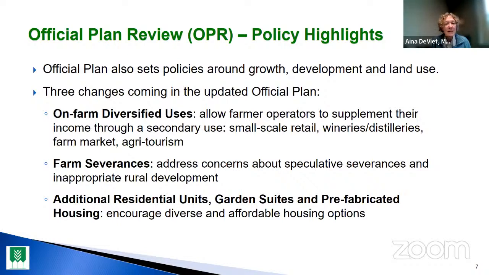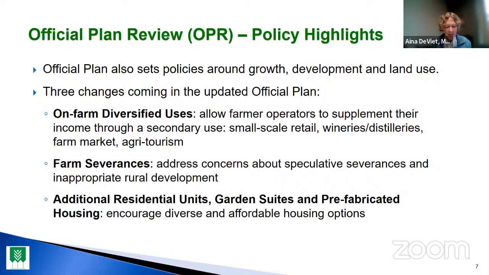So there's opportunity here then to make sure that we have opportunities for people to age in place, encourage diverse, different kinds of housing options, and also a key aspect of all of this is affordable housing options.